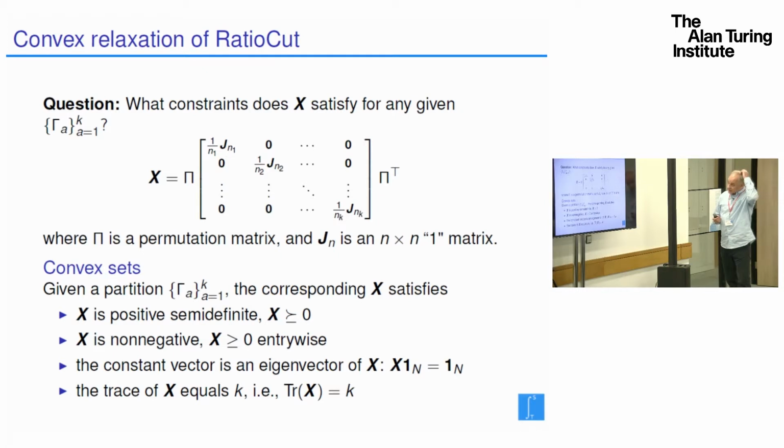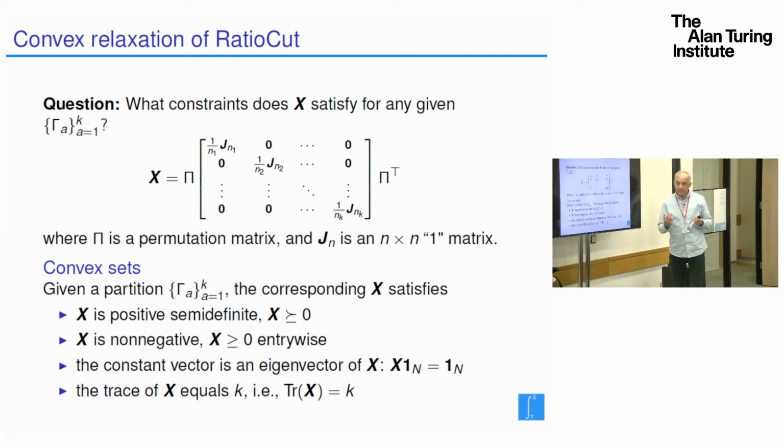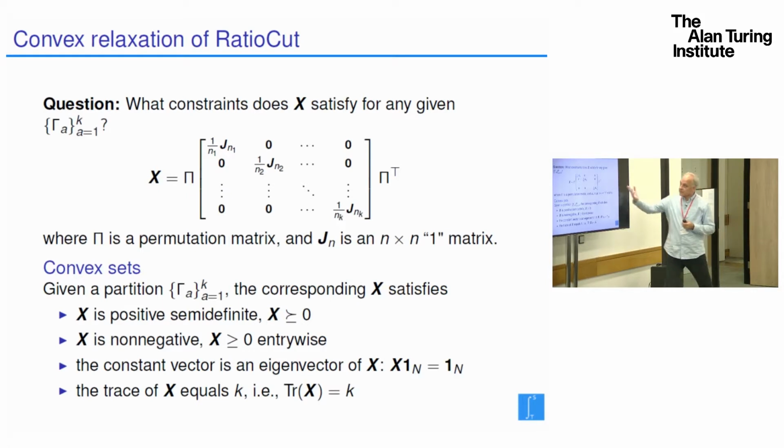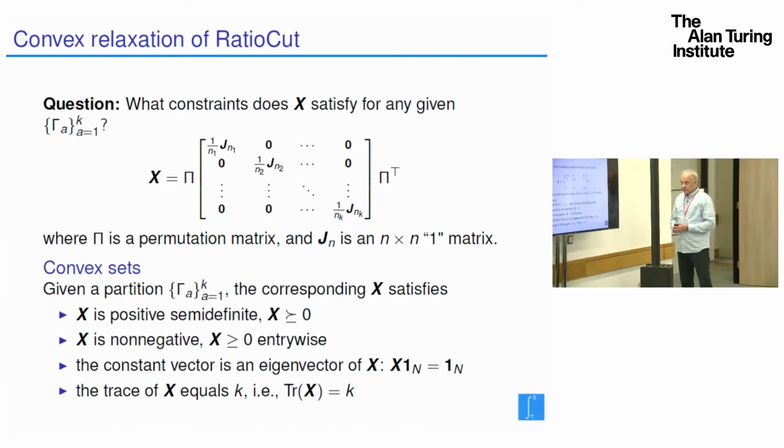And what we ask now is, well, since this RatioCut problem is NP hard, can we somehow relax it and make it solvable as a semi-definite program? So what properties does this x satisfy? Well, I said before, this x looks like this. It's this block diagonal matrix with projections along the diagonal. But that's not really a matrix that we can easily enforce, so we need to see what we can do with it.